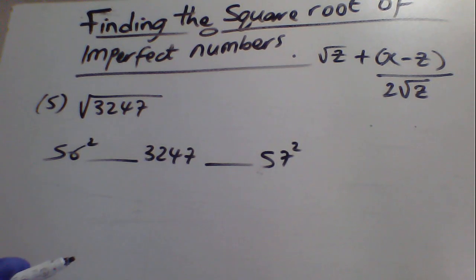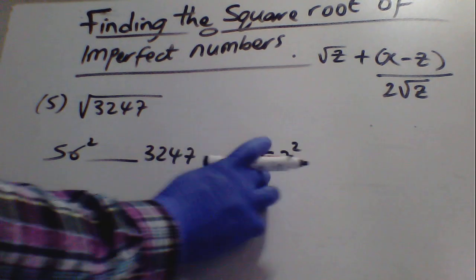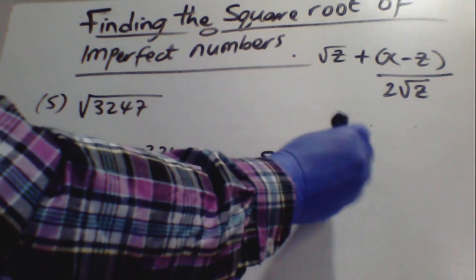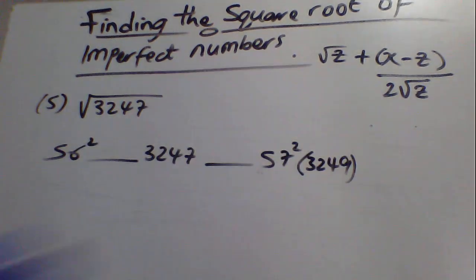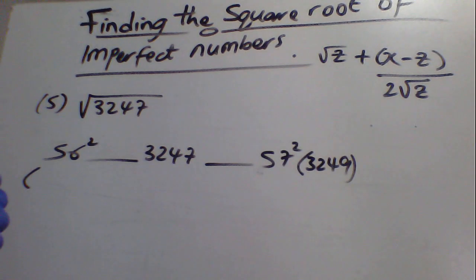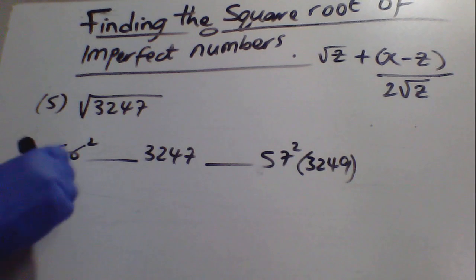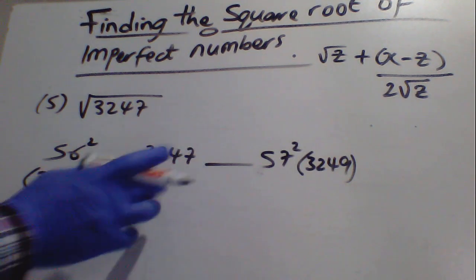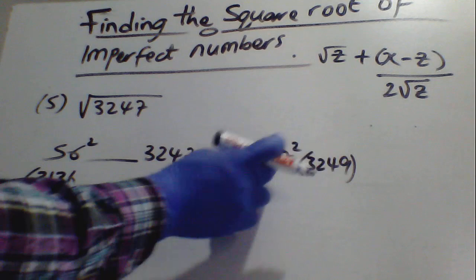So now all you need to know is, if you find the square of 57, you have 3249. See, it's very close. If you find the square of 56, you have 3136, which is also very close. So now all you need to do: how many digits do you have to move to get to 57?